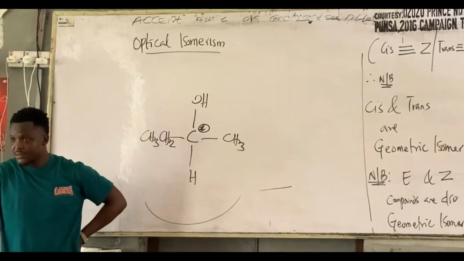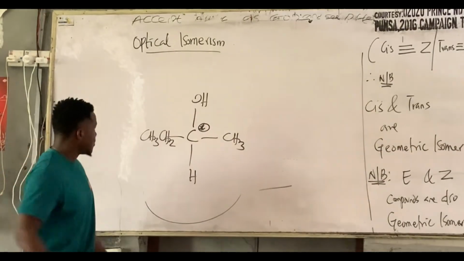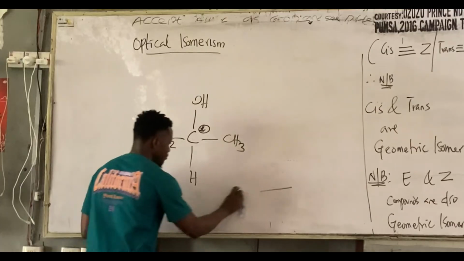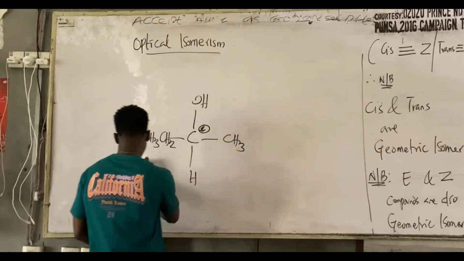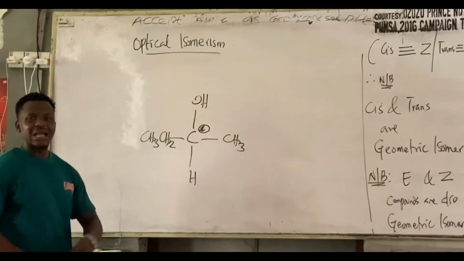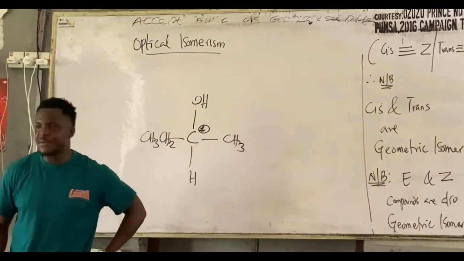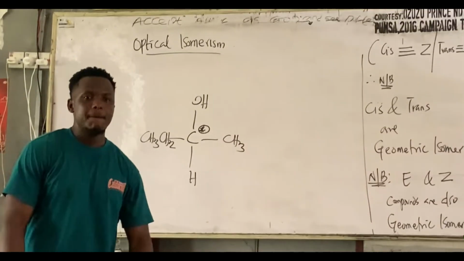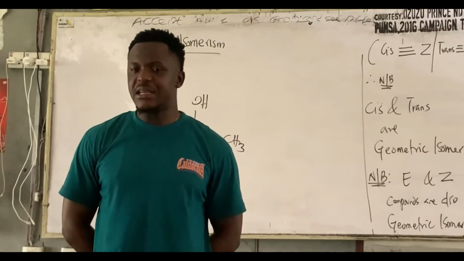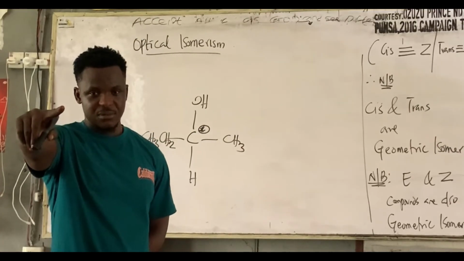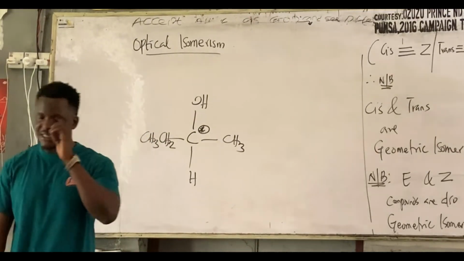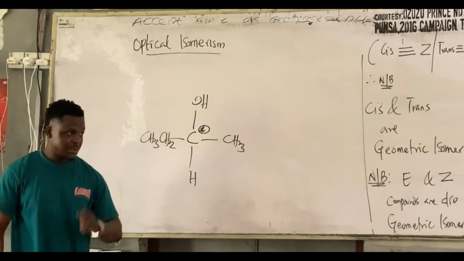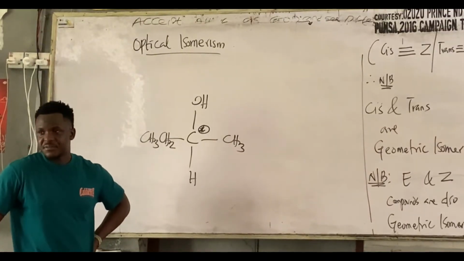So please, let's write. Since you've understood the concept, optical isomerism is exhibited by compounds that are optically active.